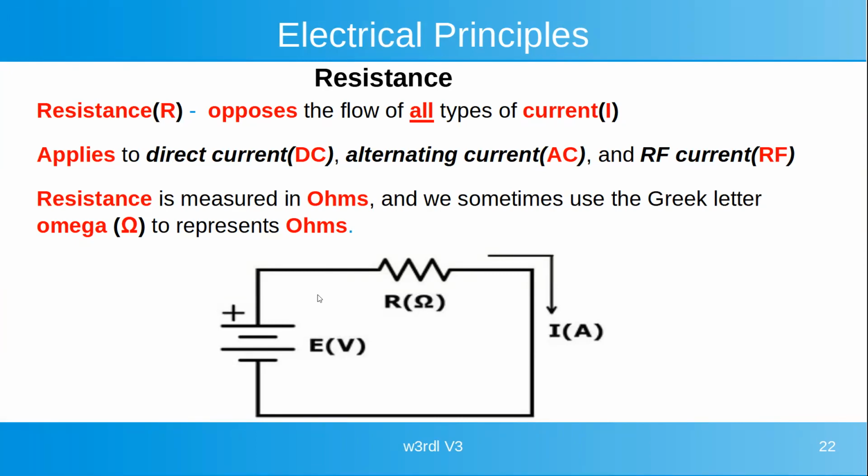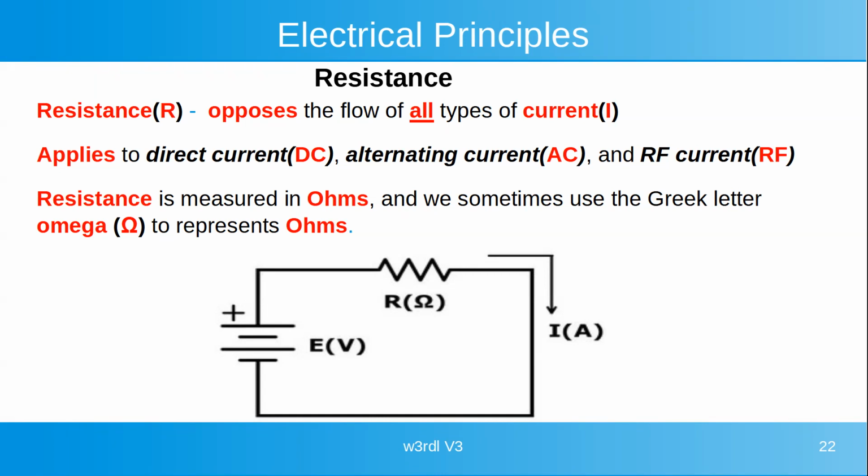Okay, so now we have resistance, which is the opposition to the flow of current. It doesn't matter if it's DC or AC. It's not frequency dependent. Resistance is pure resistance, opposition to current flow. Now you'll find that we have things called impedance and reactance, which are frequency dependent, which we'll talk about in a little bit.